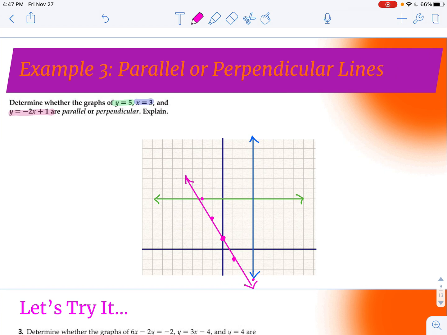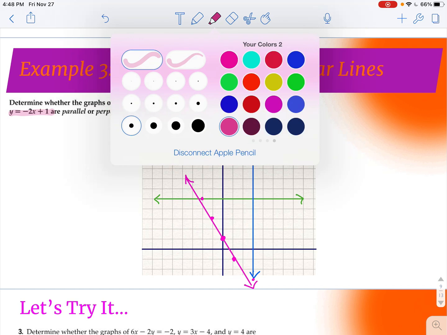And you can see that none of them are parallel, but you can see that your y equals 5 and x equals 3 are parallel to your axes, so those are perpendicular.